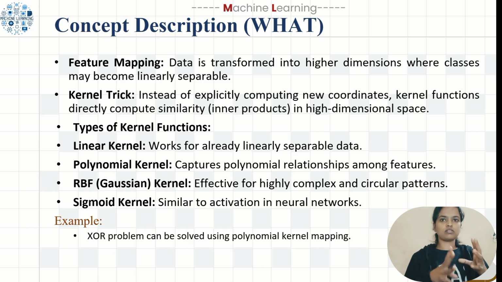Then the fourth is the sigmoid kernel, which is similar to the activation function in neural networks. So these are the types of kernel function. For example, the polynomial kernel is used in XOR problems where we need to separate nonlinear data.